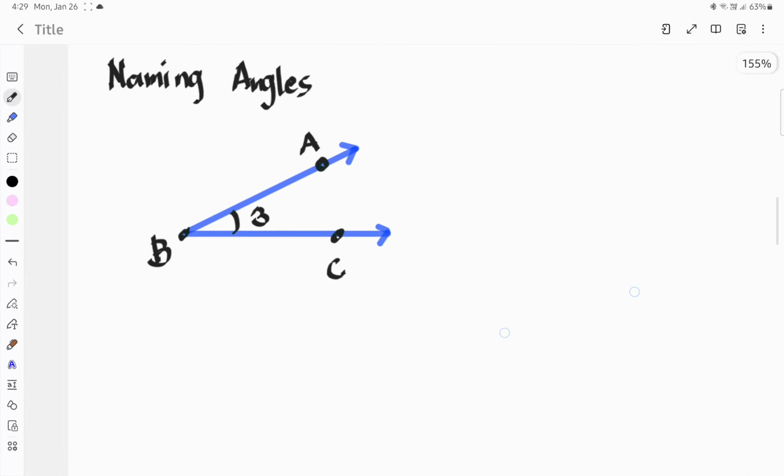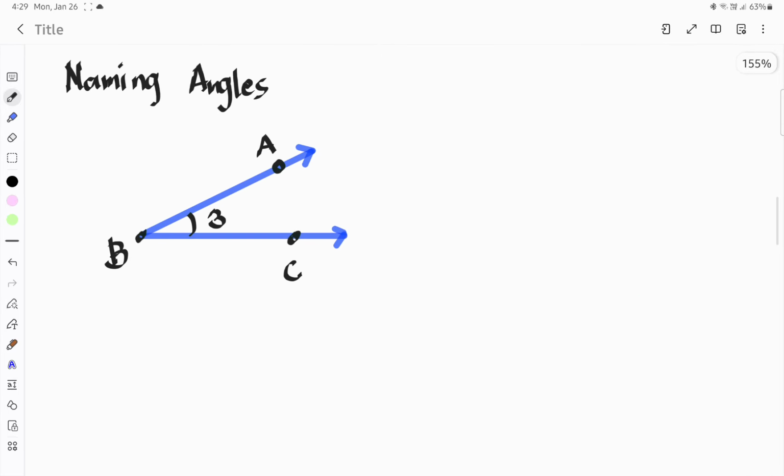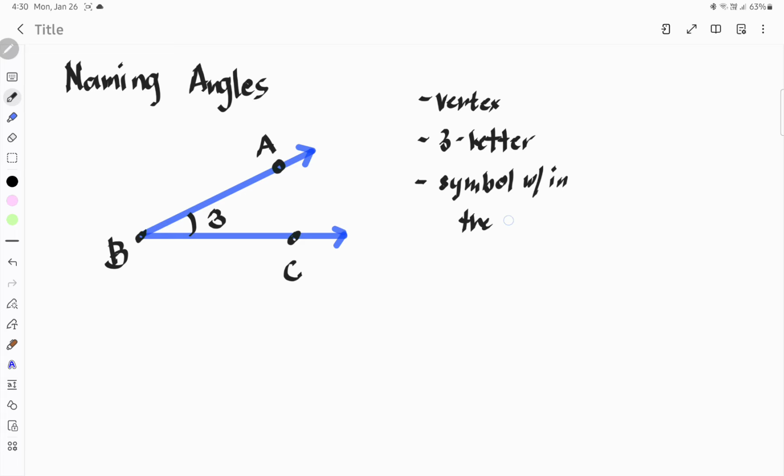Now at this point, we are working on the name of the angle. Technically, there are a lot of ways to name an angle. The first one is the vertex. Number 2 is three letters. And then a symbol within the angle.